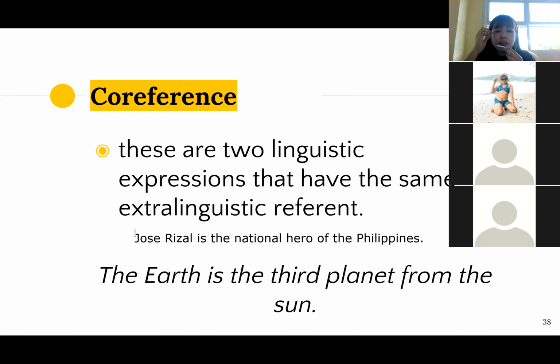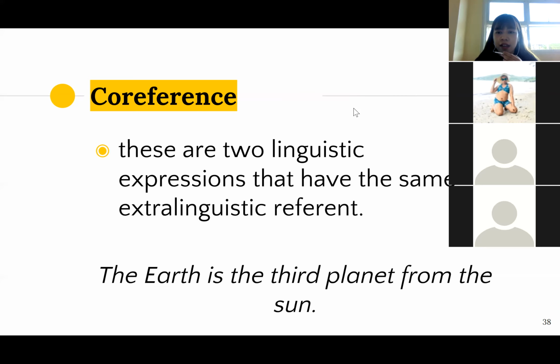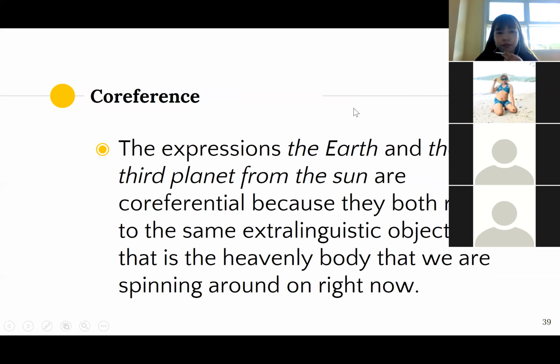Jose Rizal and the national hero. Okay, that's correct. So Jose Rizal and national hero of the Philippines. They both refer to each other. It goes back to each other. Who is Jose Rizal in the sentence? The national hero of the Philippines. So they are co-referent expressions.